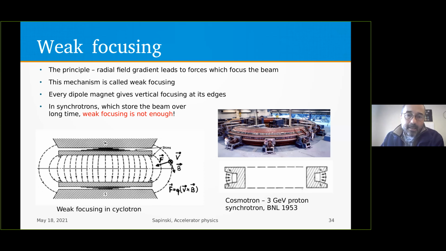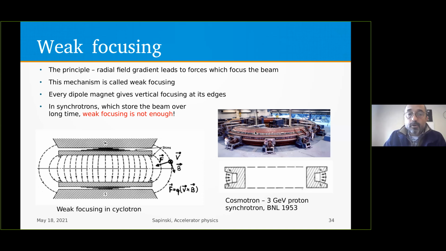The magnetic field lines are no longer vertical, they are tilted, and therefore there is a force which has a component acting towards the center of the magnet, right? It will act exactly opposite here. So if the particles are vertically divergent, they get focused by these fringe fields towards the center of the beam. This is called weak focusing, and the first machines in the 50s, like the Cosmotron, a synchrotron, were based on this weak focusing principle.